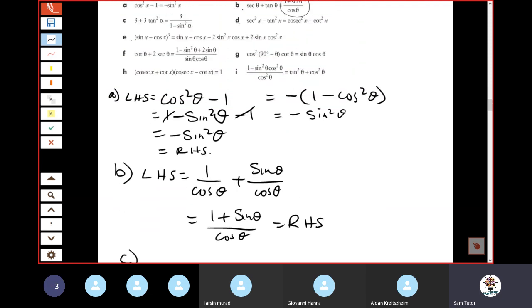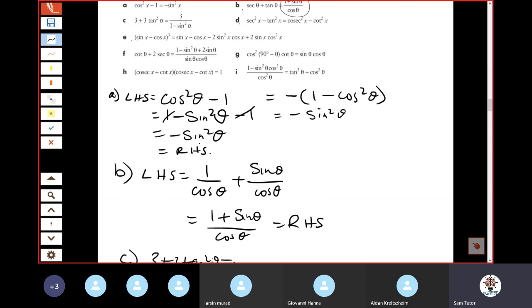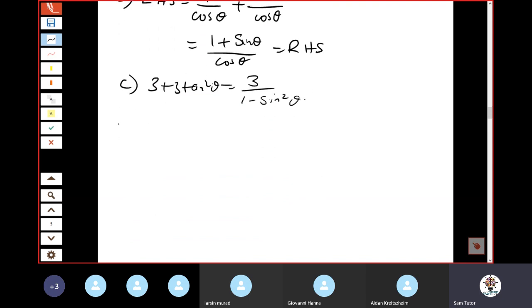C, we need to prove 3 plus 3 tan squared theta equals 3 on 1 minus sine squared. Okay, let's try to do that. Left-hand side. Would you take the 3 out as the common factor, so 3 bracket 1 plus tan squared?